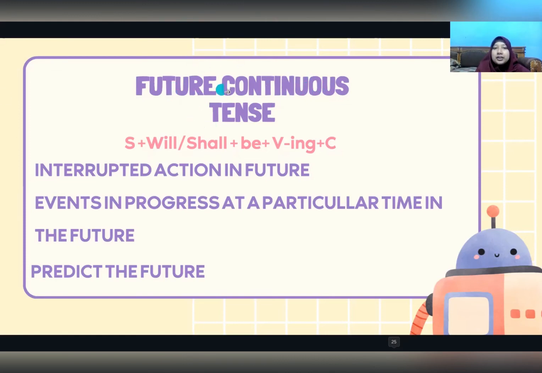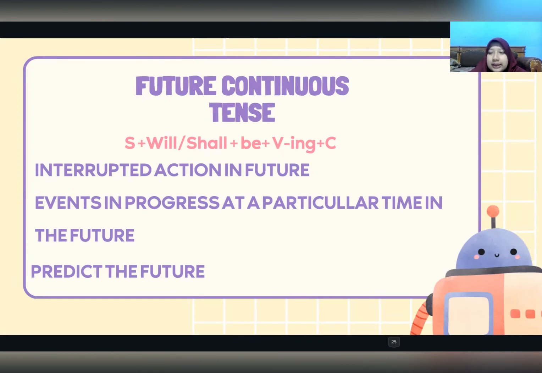First, to interrupt an action in the future. Second, to express or explain an event in progress at a particular time in the future. Third, to predict the future.